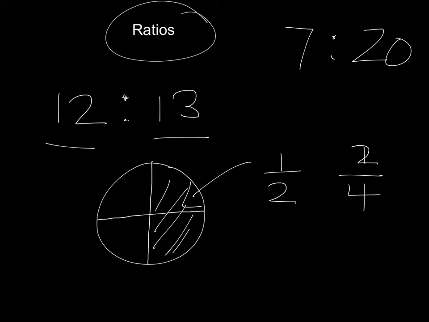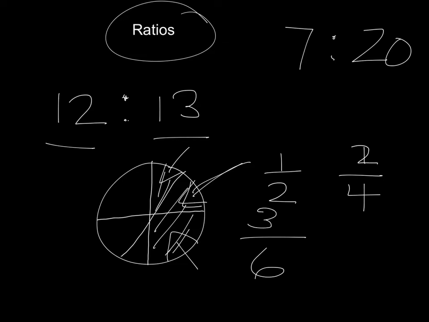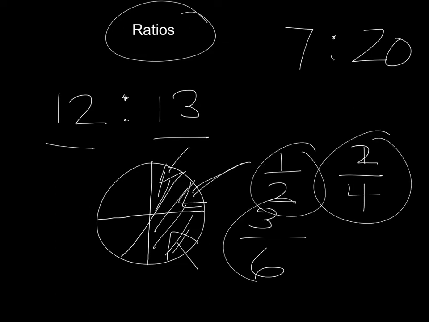It didn't change how much I ate, I just changed the number of sections I cut the pizza into. If I further cut the pizza, now the pizza is in 6 slices and I've eaten 3 of them. 1, 2, and 3. So I've eaten 3/6 of the pizza. So 1/2, 2/4, and 3/6 are all the same. I haven't changed the amount that I've eaten, I've just changed the number of slices I've cut into. And ratios and equivalent ratios work the same way.